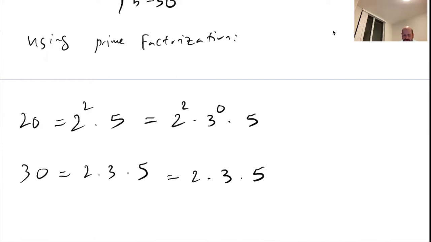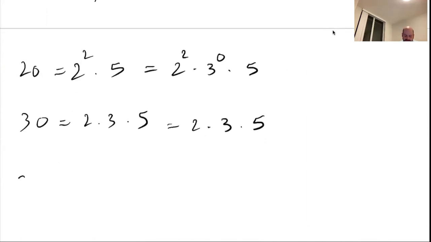Okay, now then, GCD of 20 and 30. Once you write it in the form where the same prime numbers appear in both, then we just need to simply choose the minimum power for each prime number. The first prime number is 2, so the minimum power between 2 and 1.